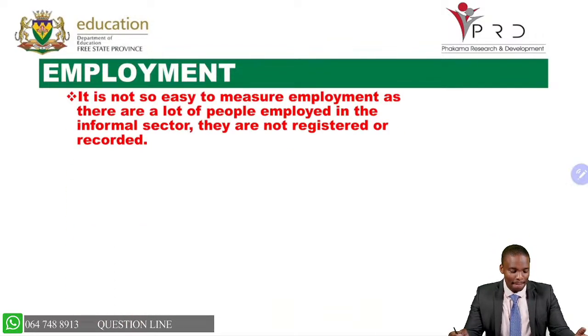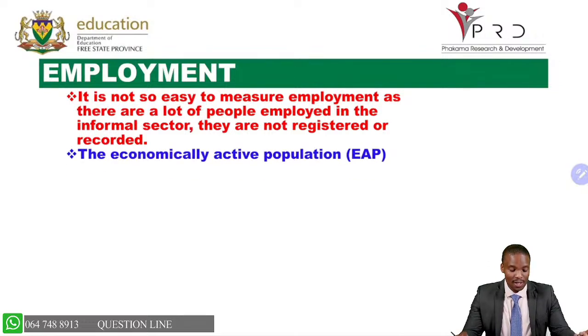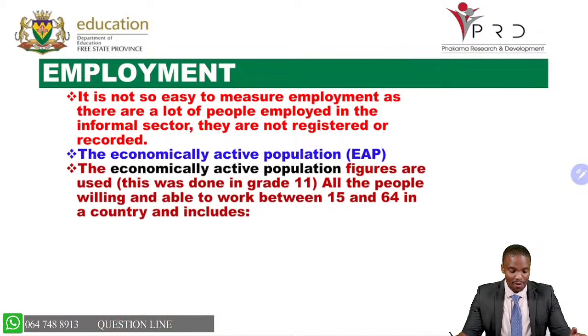Employment indicators here. We always say it is not easy to measure that one. There are a lot of people that are employed in the informal sector and are not registered or even recorded. So it is always difficult, but we are looking at what we call the economically active population. Who are those?